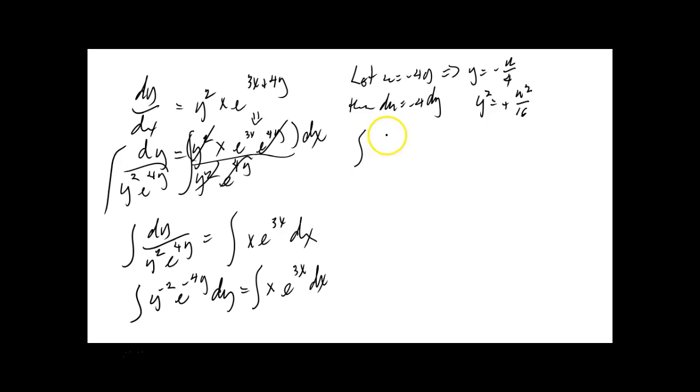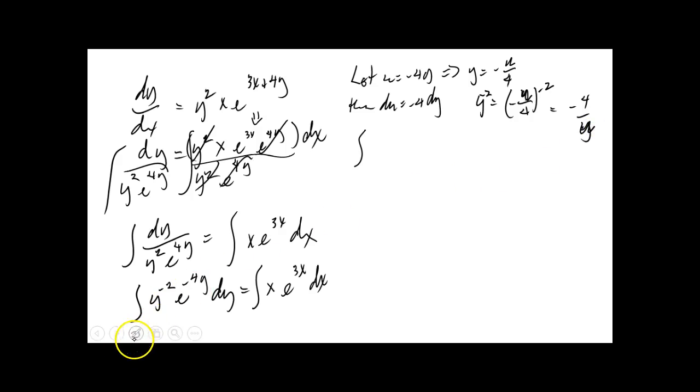Then you would have the integral of, I'm sorry, it should be y to the minus 2. Yuck. Okay, let me erase this. Y to the minus 2 would be minus u over 4 to the minus 2, which would be minus 4 over u.